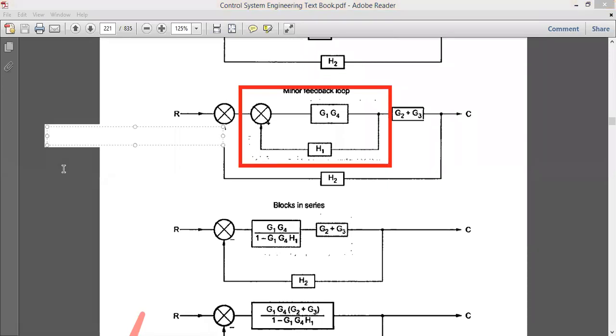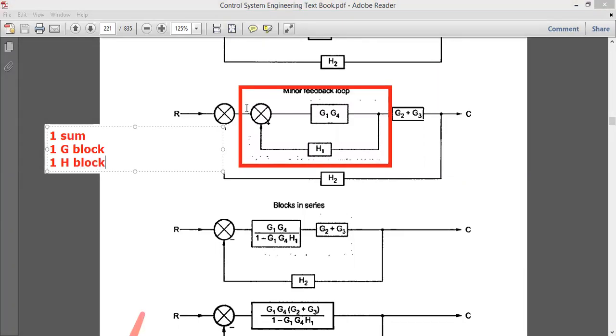Basically the loop consists of one summing point, then one G block, and one H block.